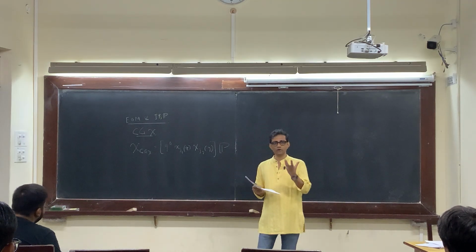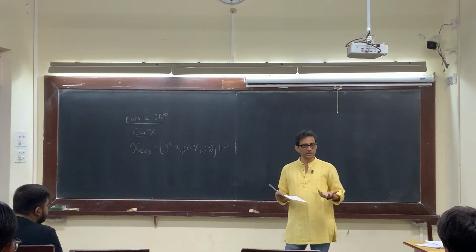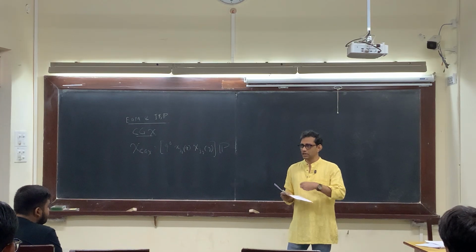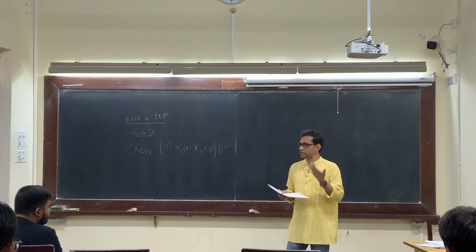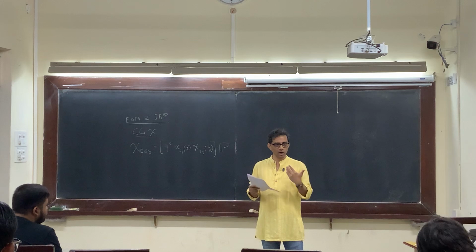So when I'm writing a long representation, it tells you all kinds of arbitrariness are involved there. But we don't allow them. We don't allow phi to evolve arbitrarily. We want to evolve that phi in a particular way, and that particular way is driven by the equation of motion.